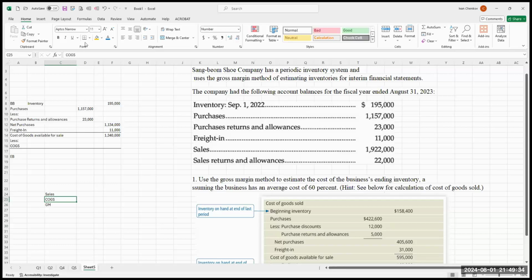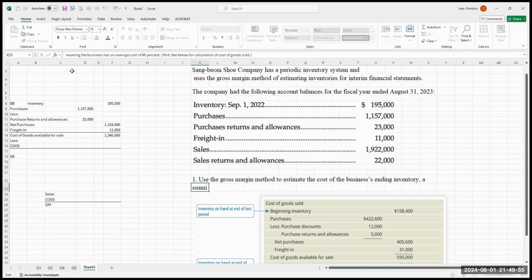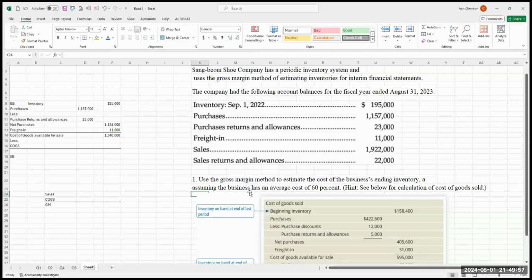And since we're using the gross margin method, that's exactly what I need. They're estimating the cost of the business ending inventory, assuming the business has averaged 60%.